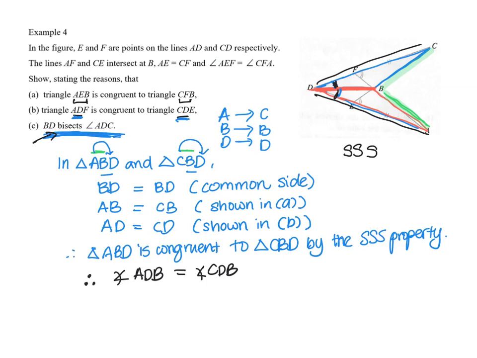So therefore, since they are equal, BD bisects angle ADC. That's all.